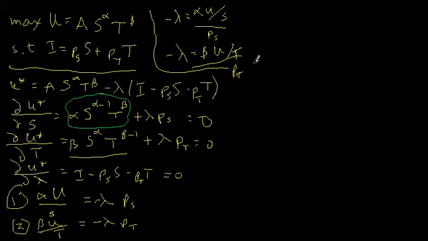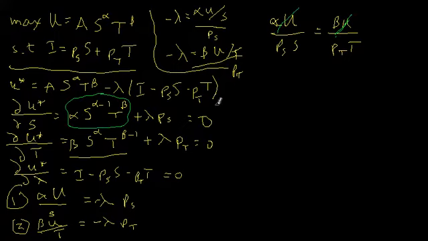So two things equal to the same thing are equal to each other. So we find that alpha U divided by PS S is equal to beta U divided by PT T, and we can see that the U's on both sides of the equation will cancel out, and so we can solve for T as a function of S.